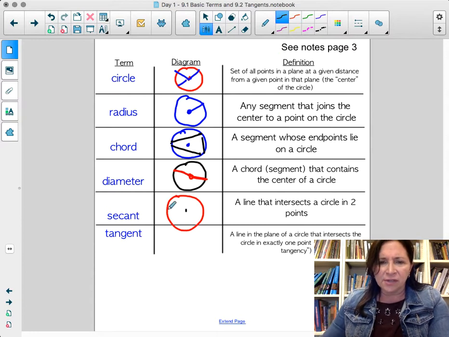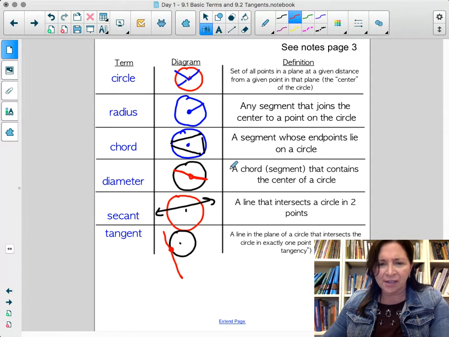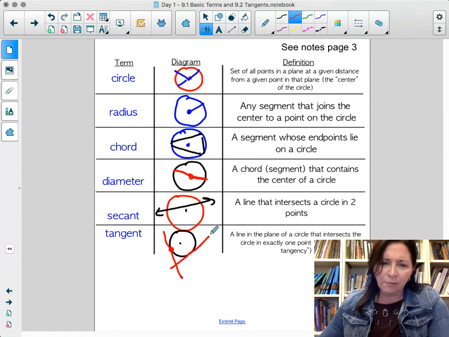There's a center, and it intersects two points on the circle. And a line that's tangent touches my circle in just one point. There it is, that point of tangency. But you can have multiple tangent lines across your circle. See that? We have so many, infinite.